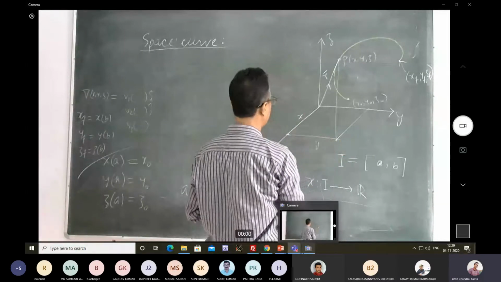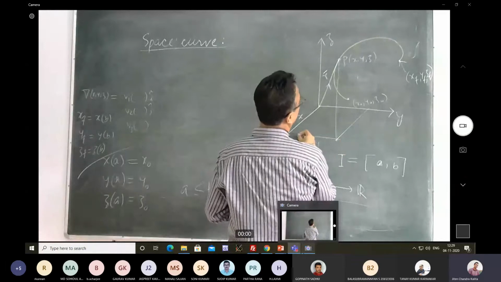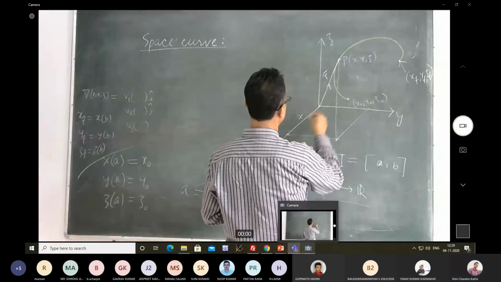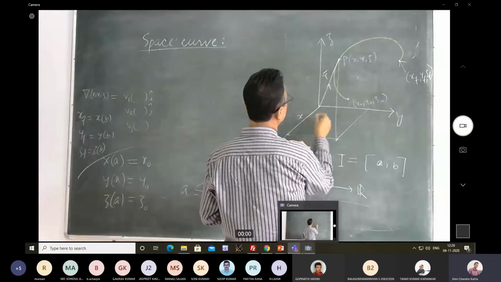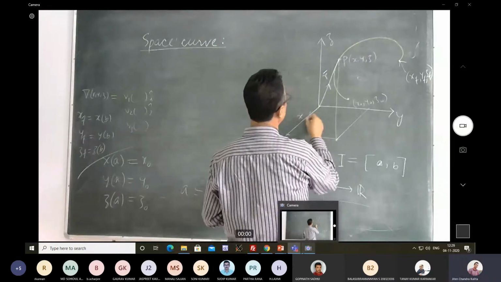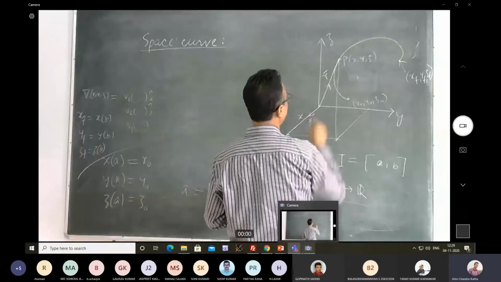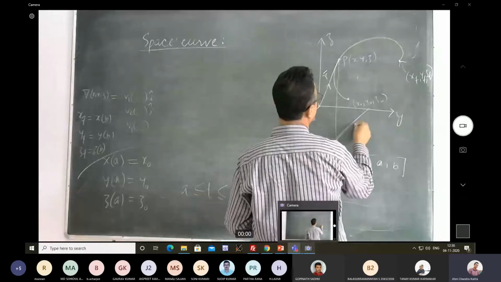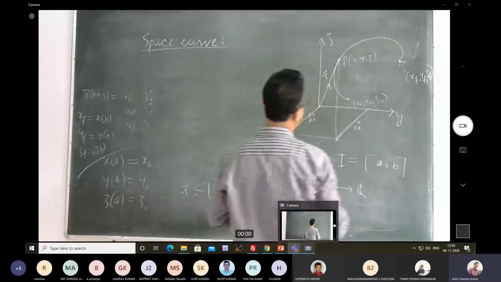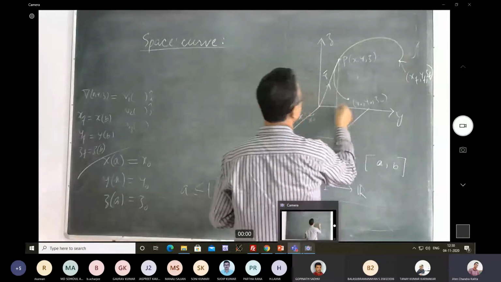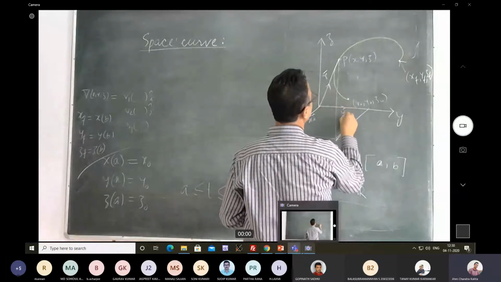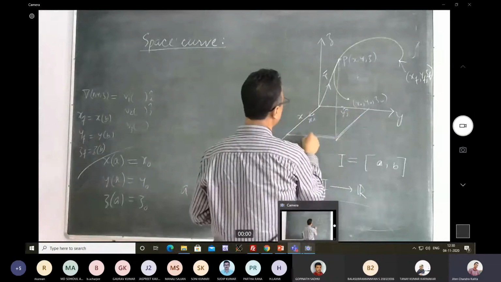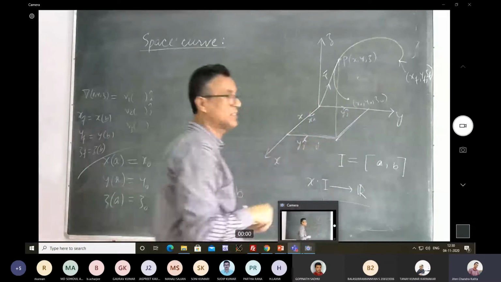So I can consider a vector x i along this, and along here, since these two vectors are parallel, this is going to be y j.